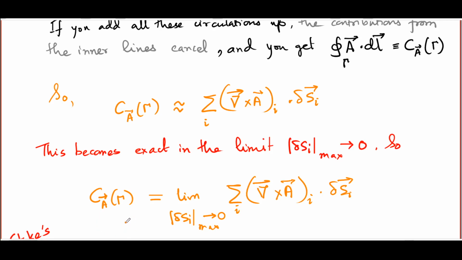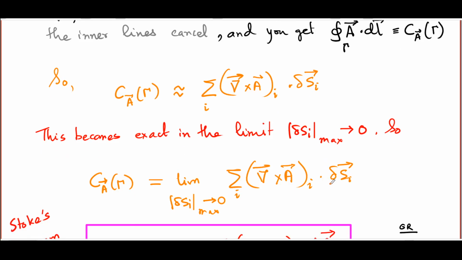You break up your surface sigma into many tiny pieces. Each piece has its own area vector delta S_i. You dot the curl of A at this piece, (curl of A)_i, with that, sum over all i, and then take the limit as the largest of these pieces shrinks down to 0. And this is exactly what we define as a surface integral of curl of A.